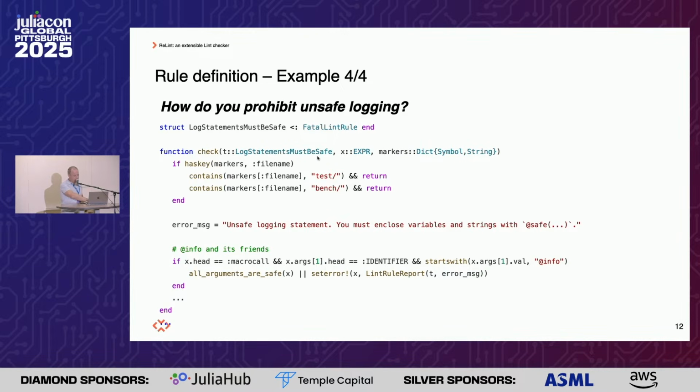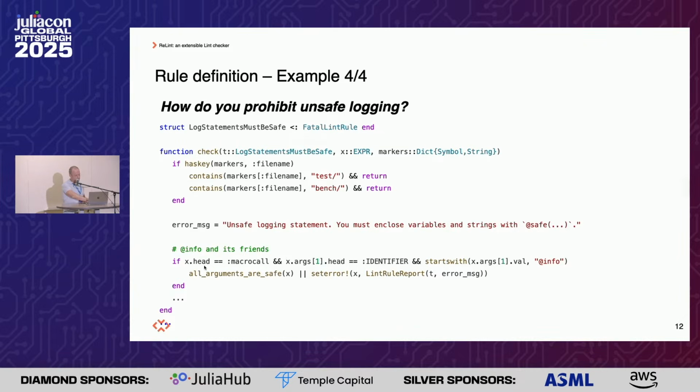And the idea is, the rule that checks for unsafe logs is very important for our code base, but if I am in a test, the test suite, or in a benchmark, then it is totally fine to have unsafe logs. But outside of the tests and the benchmarks, we must prohibit unsafe logs.